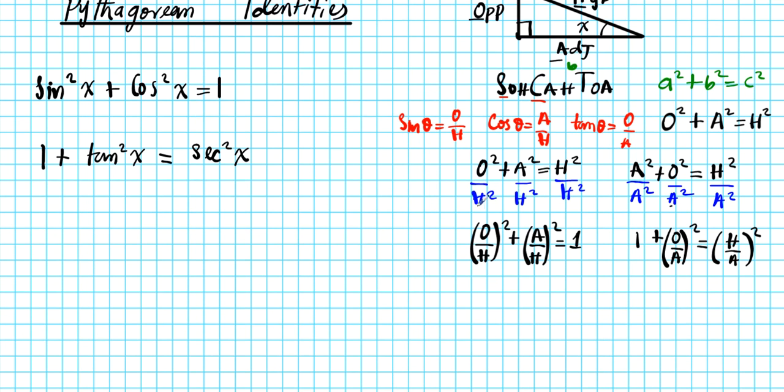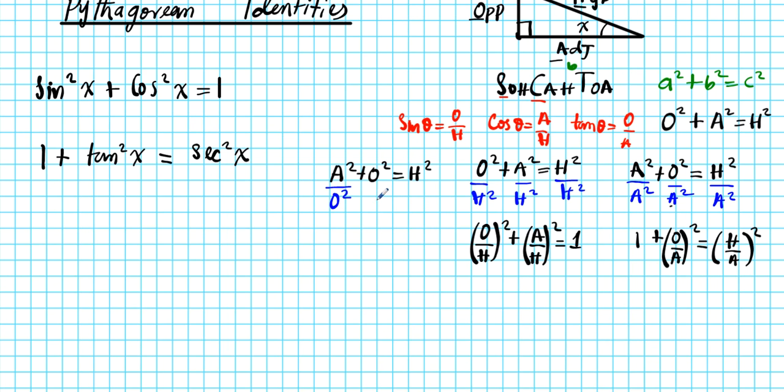Now we've divided by H square, we've divided by A square. What is left? We divide by O square. Let's say we have A square plus O square equals H square, the Pythagorean theorem again in trig version, and we divide each and every term by O square.